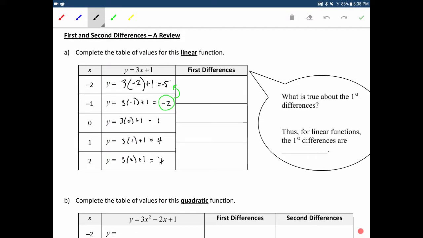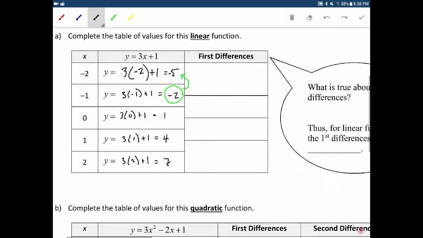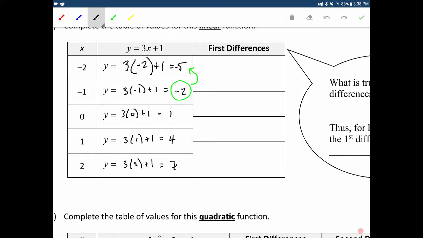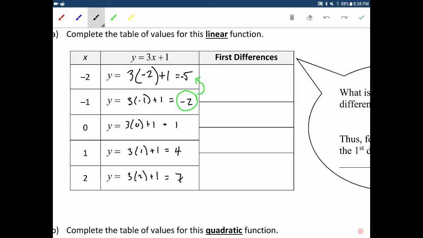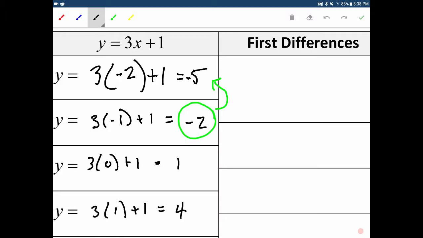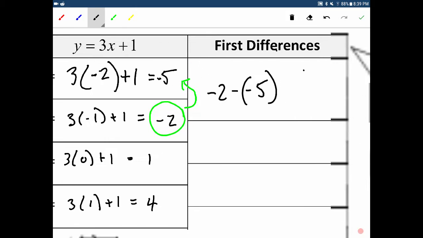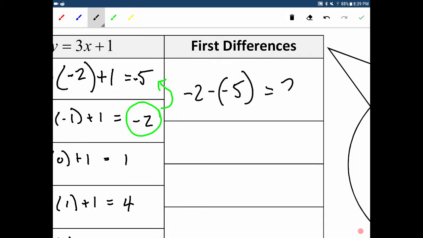So first of all, we're going to take a look at some first differences. I've already filled out the first part of your table of values here. We just plug in the different versions of x that it says, and we come up with these answers here. And what we're going to do is just subtract. So we're going to have -2 minus -5, and that's going to give us 3.